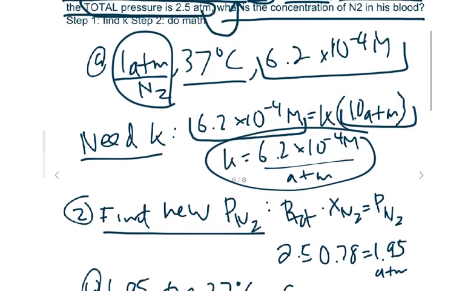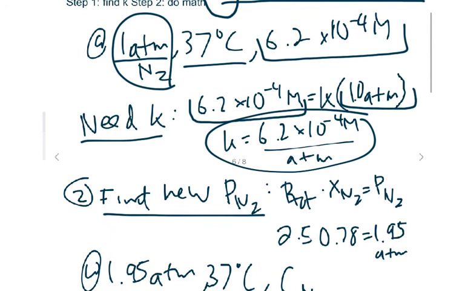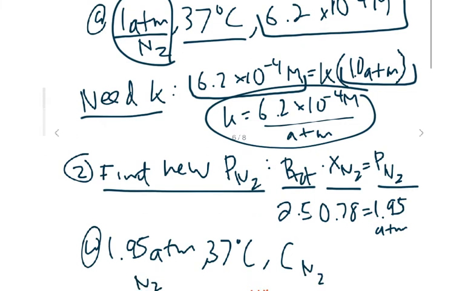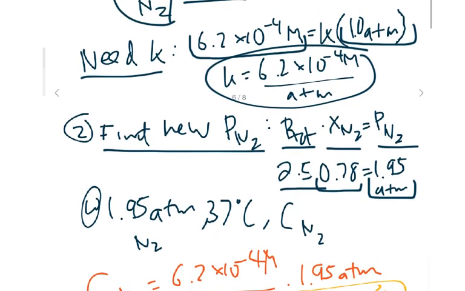So we've got to use a special formula that says that the total pressure times the mole fraction of a gas is equal to the partial pressure of the gas. So that's 2.5 atm times 0.78, the mole fraction, which is equal to the partial pressure of N2 at the new conditions, which is 1.95 atm. So now we know our new conditions.